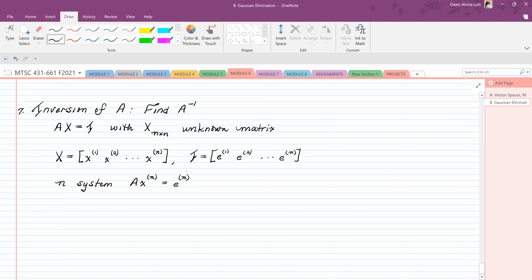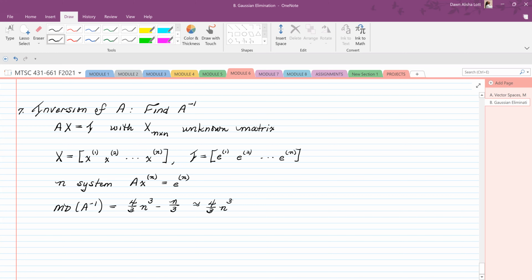Therefore, the number of multiplications and divisions of A inverse is 4/3 n cubed minus n over 3. So that's approximately 4/3 n cubed.